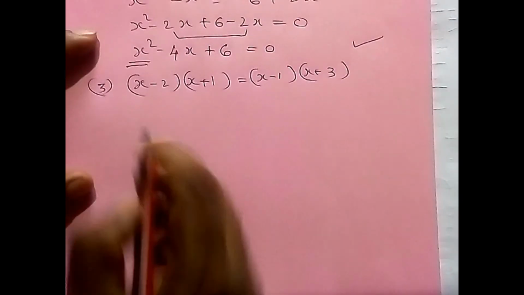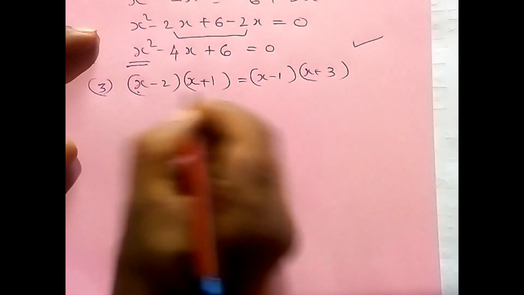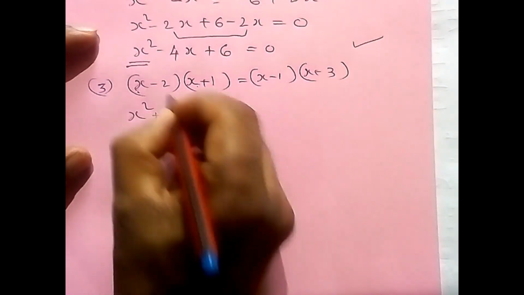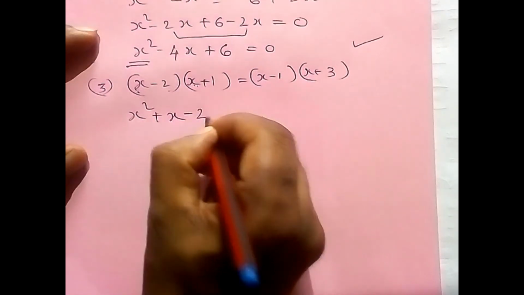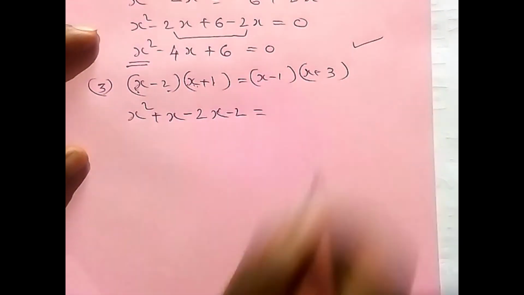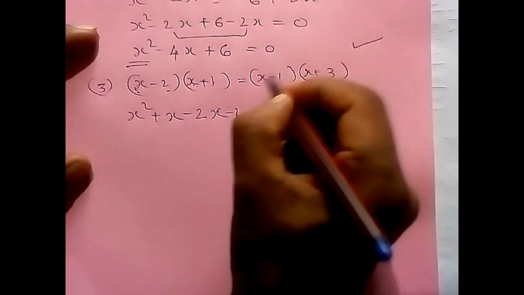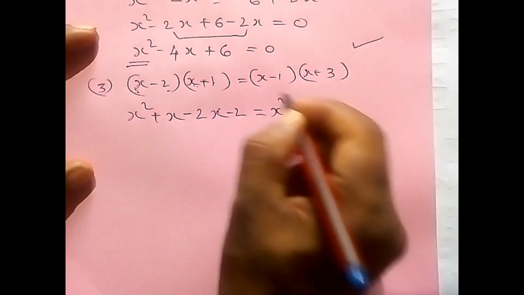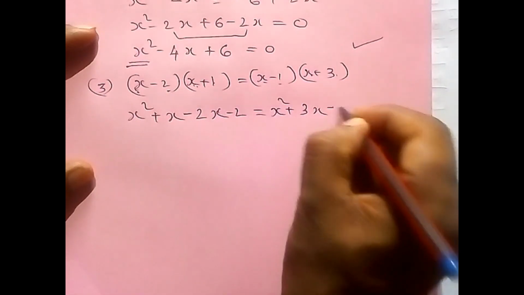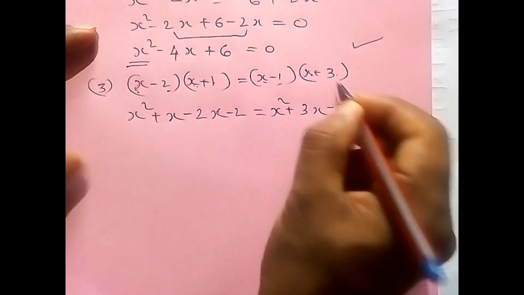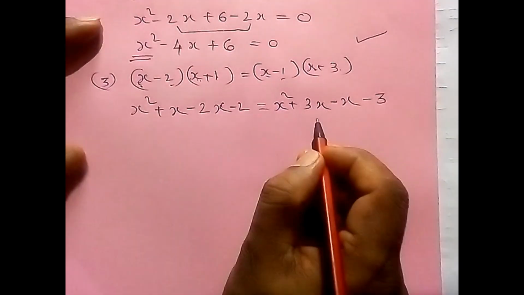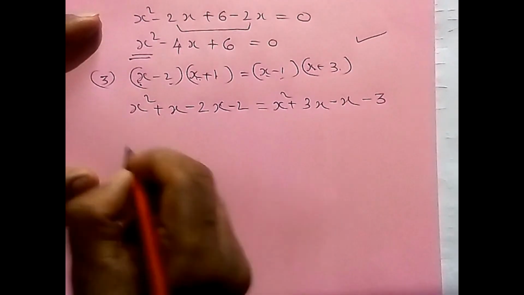Okay, we will expand this, we will multiply this. x into x, x square, x into 1, x, minus 2 into x, minus 2x, minus 2 into 1, minus 2, equal to x into x, x square, x into 3, 3x, minus 1 into x, minus x, minus 1 into 3, minus 3. So we will take the entire thing to the left side.